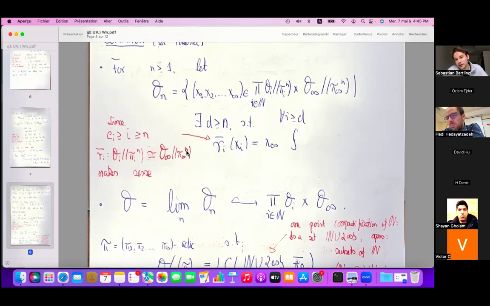It's a filtered colimit along flat transition maps of Noetherian rings. So although it's not Noetherian, it still has some nice finiteness properties built in, and this is in the end critical for some of the results that we're going to prove.